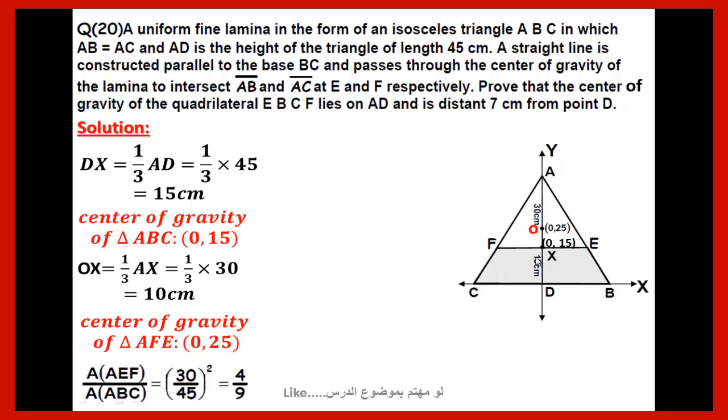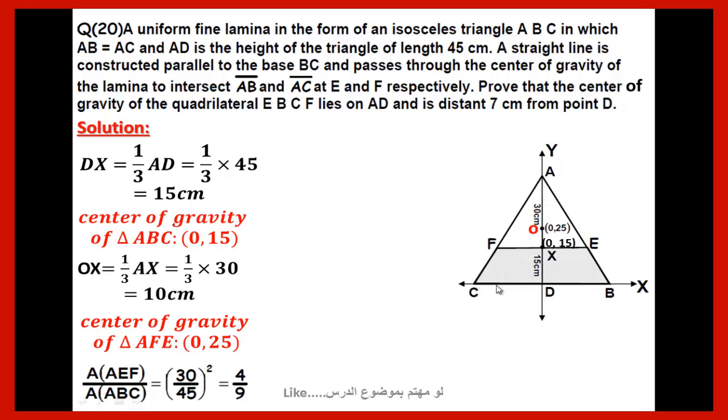We have a uniform lamina, so consider the area of triangle AEF over the area of triangle ABC. Here we have two similar triangles, AEF and ABC.